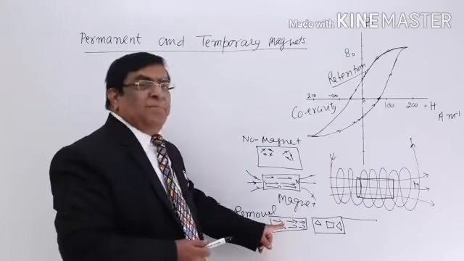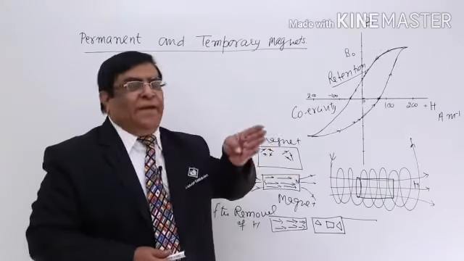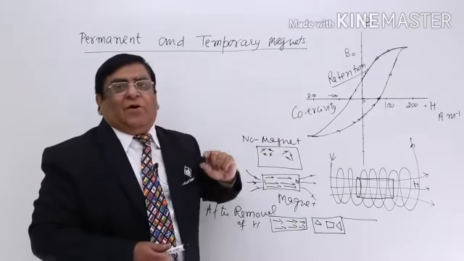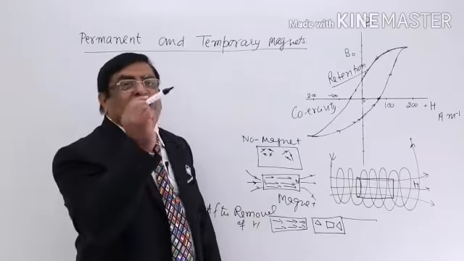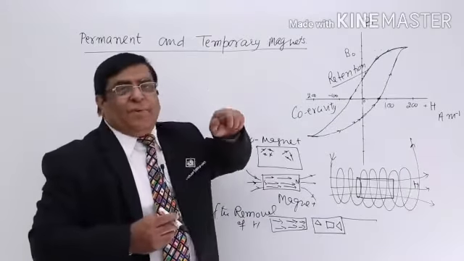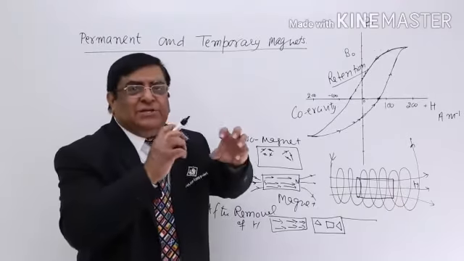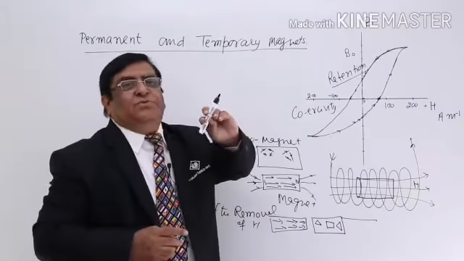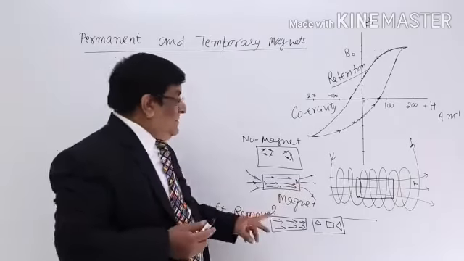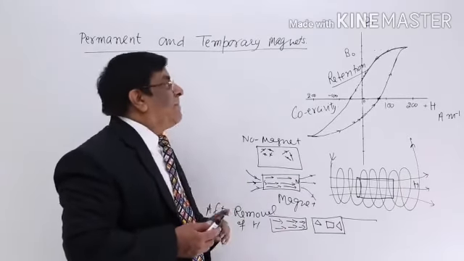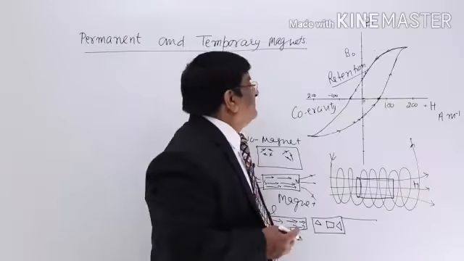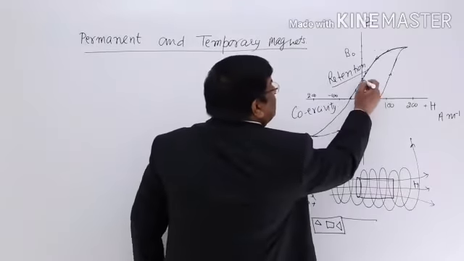Where do we see such a permanent magnet? Answer, if we make the magnet with the help of steel or chrome, for which it is very difficult to rotate the domains, because the particles are rigidly attached to each other and it is not possible to move them. Then after we have removed H, this remains like this. When we come to this diagram, this is retention.